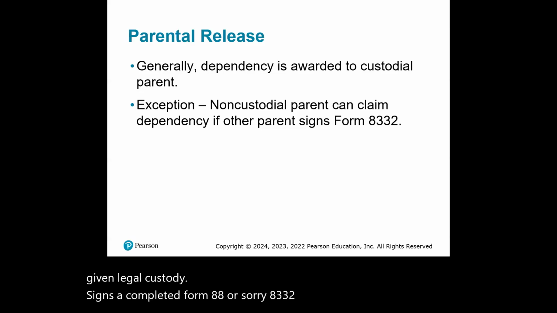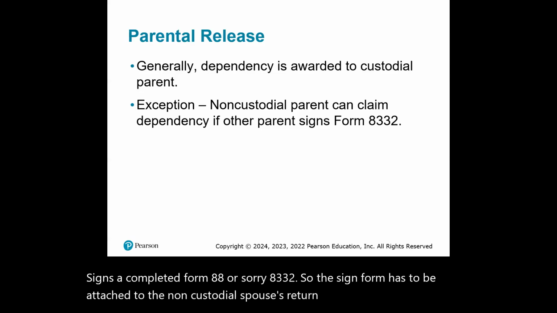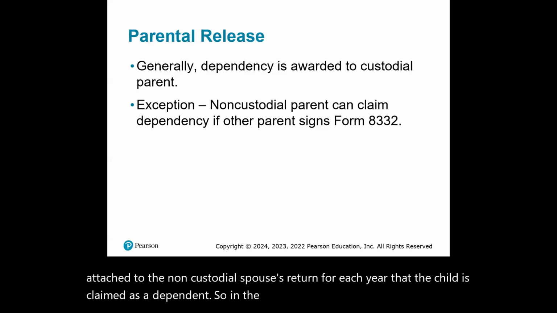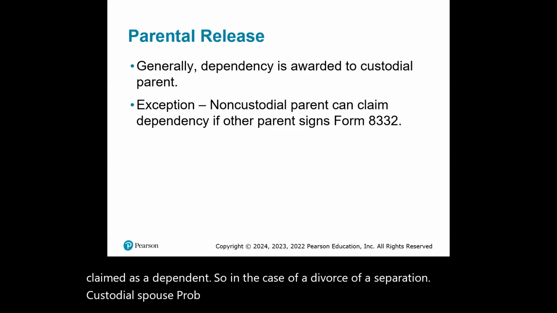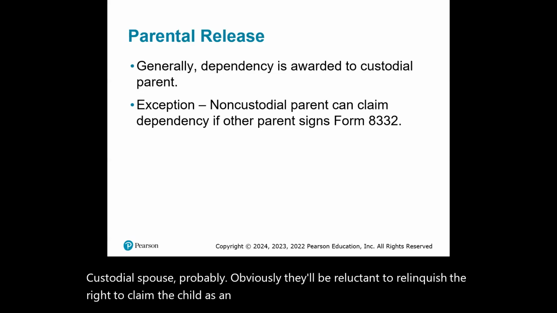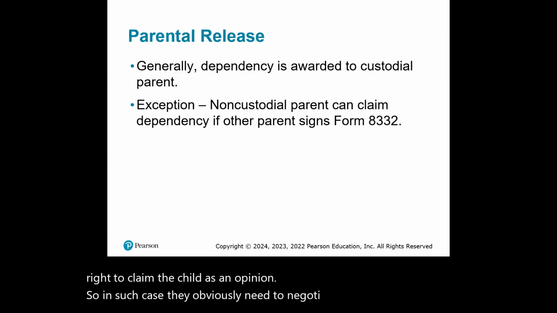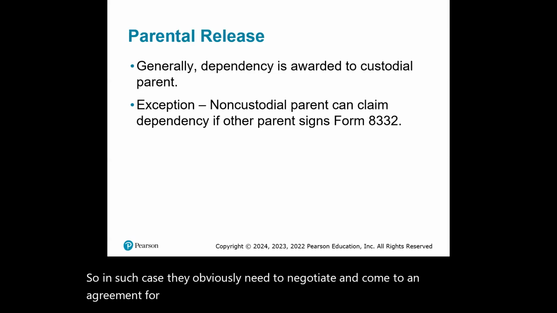The signed form has to be attached to the non-custodial spouse's return for each year that the child is claimed as a dependent. In the case of a divorce or separation, the custodial spouse will probably be reluctant to relinquish the right to claim the child as a dependent. So in such cases, they need to negotiate and come to an agreement on who can claim which child.